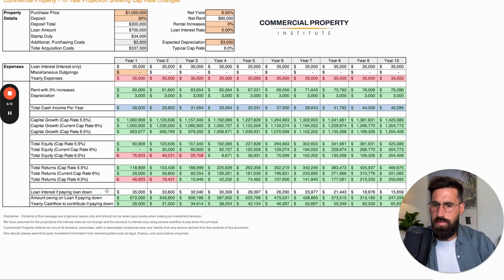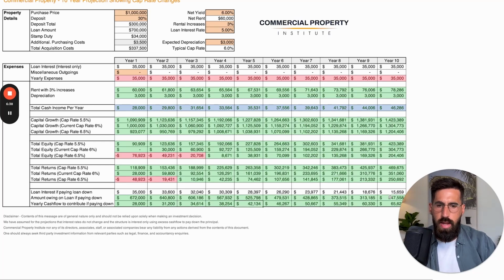Now let's look at the next section, which is what happens if we actually pay down the debt with that $28,000 cash flow that we're receiving. You can see the debt then becomes $672,000 because we've paid off the $28,000, which would in turn increase the cash flow per year because there's less interest repayments. So forecasting 10 years, you can see the cash flow goes up as the debt goes down.